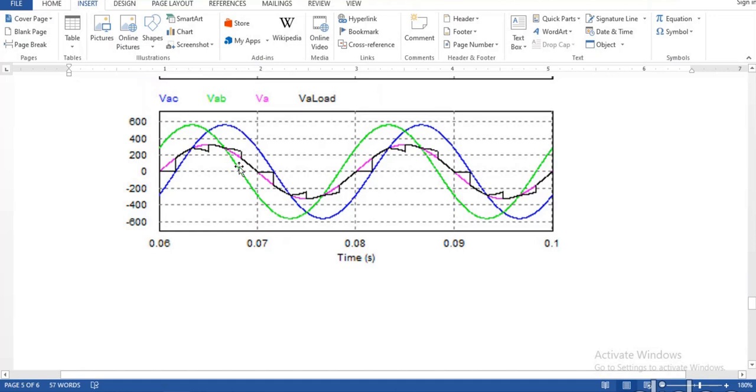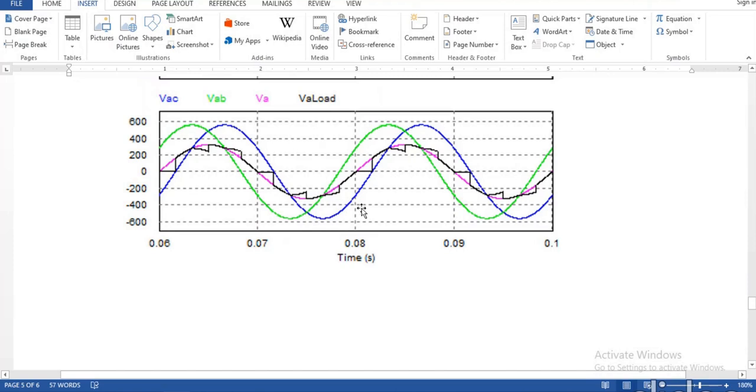In certain portions, you can see VAB divided by 2 coming up, and in certain portions, VAC divided by 2. Again, here it is the same as the green color, which is VAB divided by 2. And at this point, the blue color, which is VAC divided by 2.